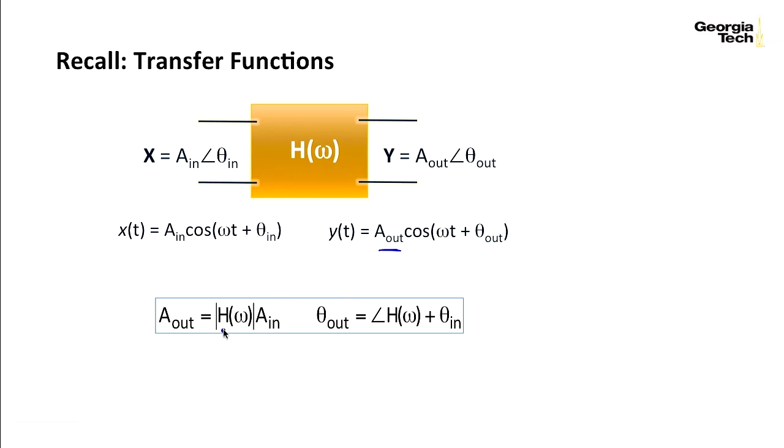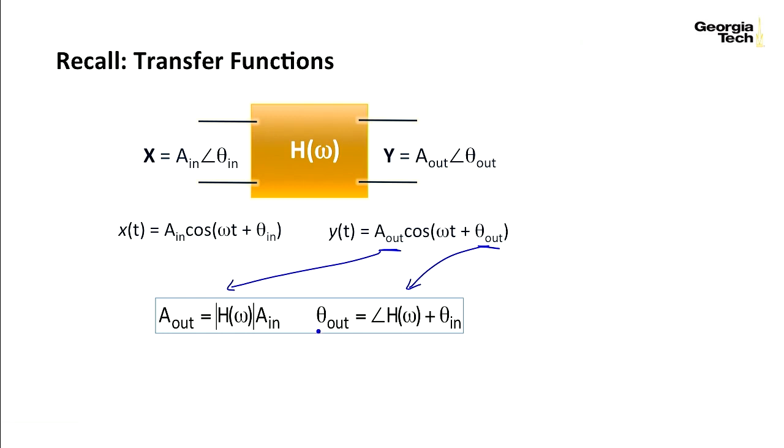It's the input amplitude times the magnitude of the transfer function at that frequency is equal to the output. And the phase angle out is given from this relationship right here. The input angle plus the angle of the transfer function at that frequency is equal to the output angle.